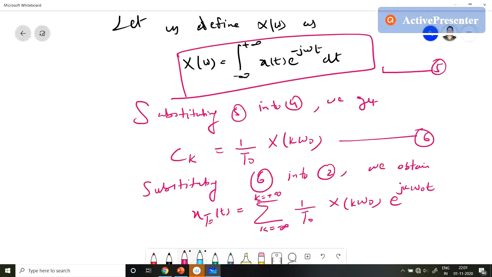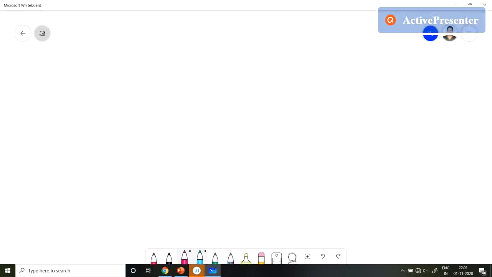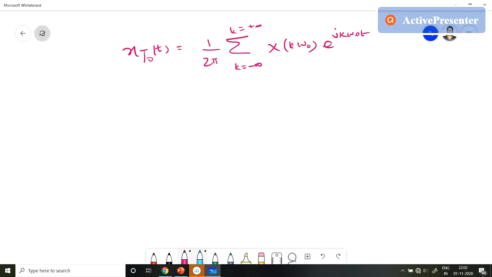And what is x_T0(t) basically? We have x_T0(t) is equal to 1 divided by 2 pi summation k equals minus infinity to plus infinity X(k omega naught) e raised to the power j k omega naught t, and this is equation number 7.